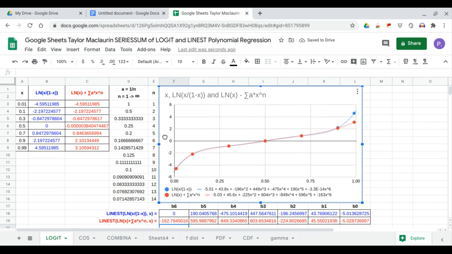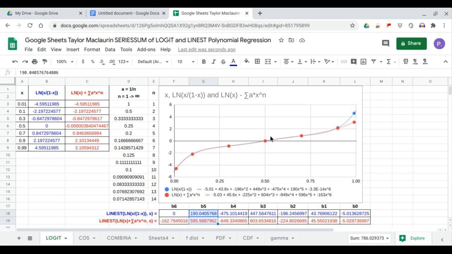So we have a match on the coefficients. That's negative 5.03 for B0, B1, 45, and 43. The slight error, but the error increases. That's why there's a split end.